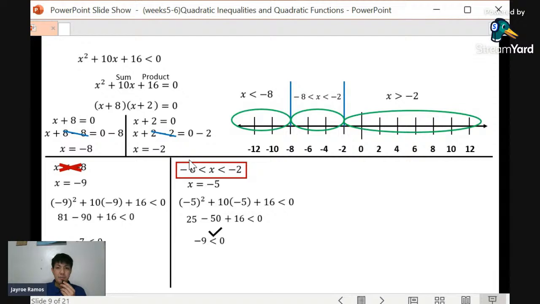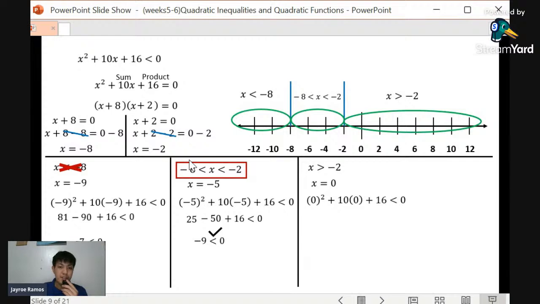Pero try pa rin natin yung pangatlo. So x is greater than negative 2. So sakop niyan yung 0. Sabi ko nga kapag pwede nating i-assign yung 0, i-assign nyo na kasi napakadali kapag 0 yung number. So pwede dito ang 0, tama? X is equal to 0. So replace lang natin.